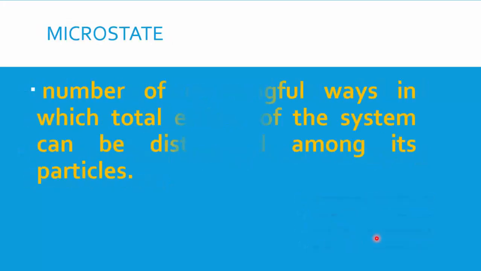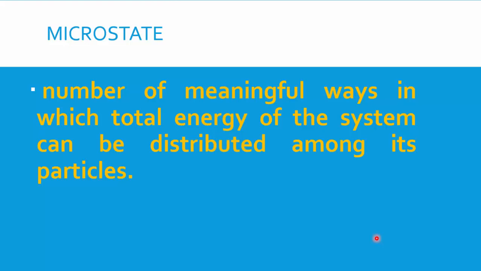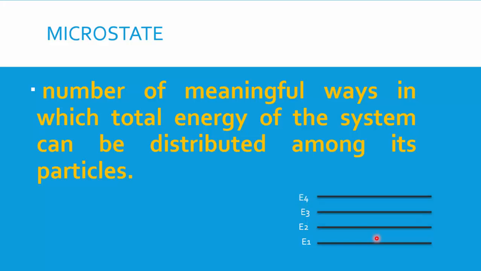Now what is microstate? Microstate states that for that given information of macrostate, suppose you have a certain number of particles lying in energy levels E1, E2, E3, E4, and then you want to distribute these particles, that means place these particles in different energy levels.